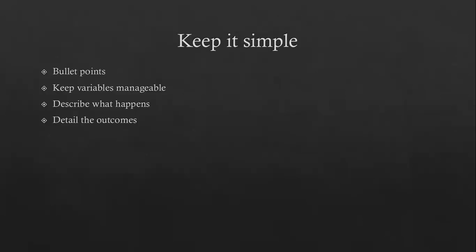If you put in a variable, it allows for broader use of that code. And you actually need to describe what's happening and providing details of the outcome. So how do we look at that from a format perspective? How do we look at bullet points and keeping things from a variable perspective and describing what happens and details?